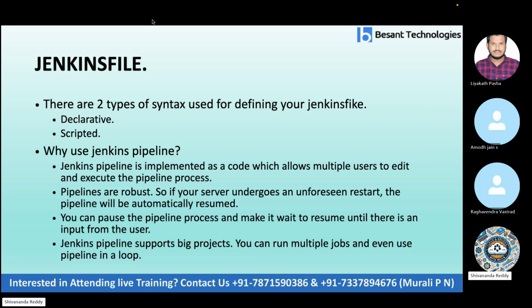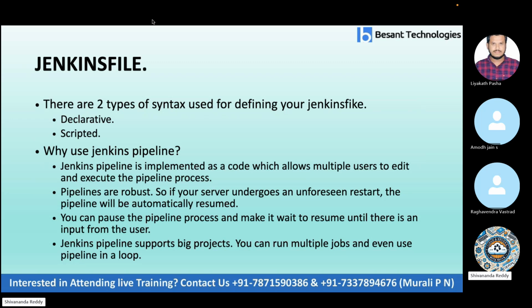Then why do we need to use Jenkins pipeline? What is the use of Jenkins pipeline? Jenkins pipeline is implemented as code, which allows multiple users to edit and execute the pipeline process. Pipelines are robust, so if your server undergoes an unforeseen restart, the pipeline will automatically resume.